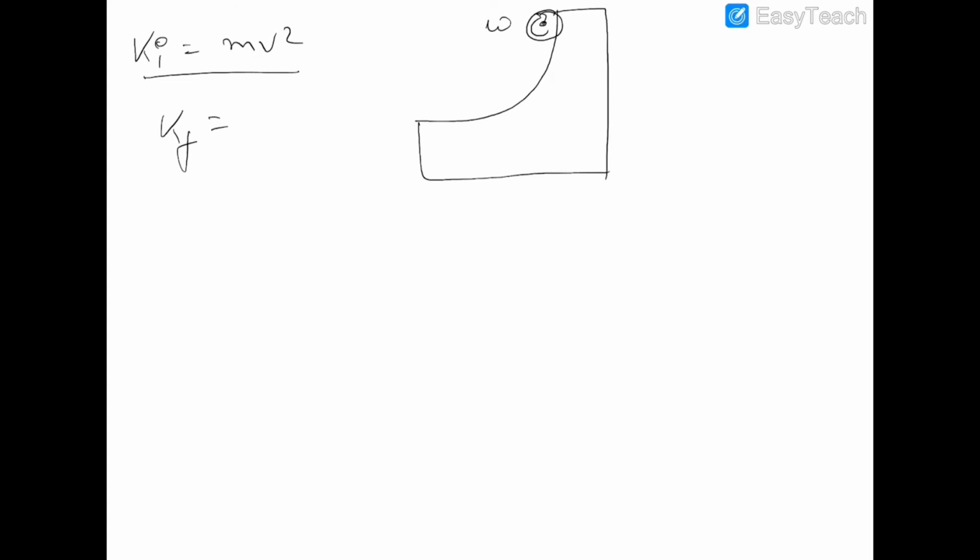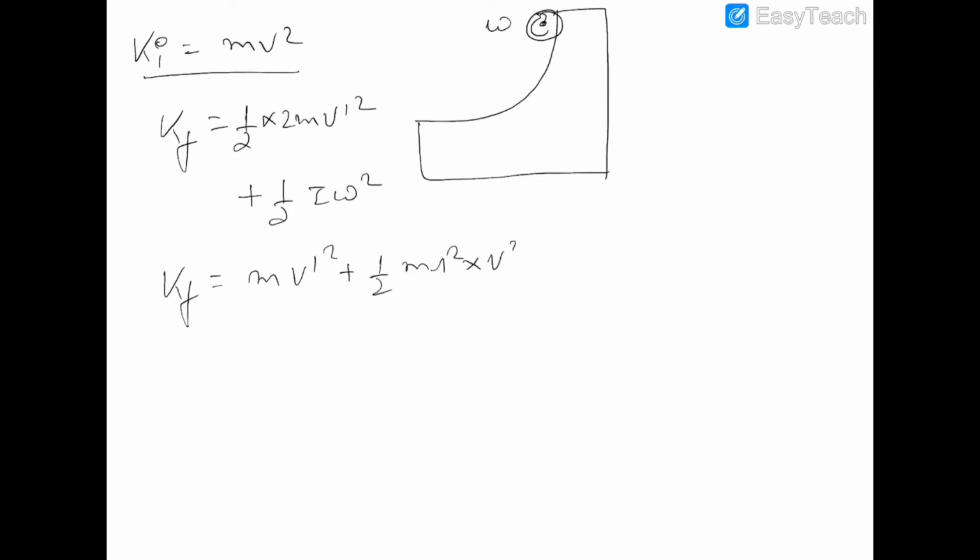So the final kinetic energy would be half into 2m v dash square plus half I omega square for the ring, because this component of kinetic energy, half I omega square of the ring, would remain the same. So the final kinetic energy would be m v dash square plus half mr square into v square by r square, because omega was the initial one and it is equal to the initial velocity v upon r. So the final kinetic energy is m v dash square plus m v square by 2.